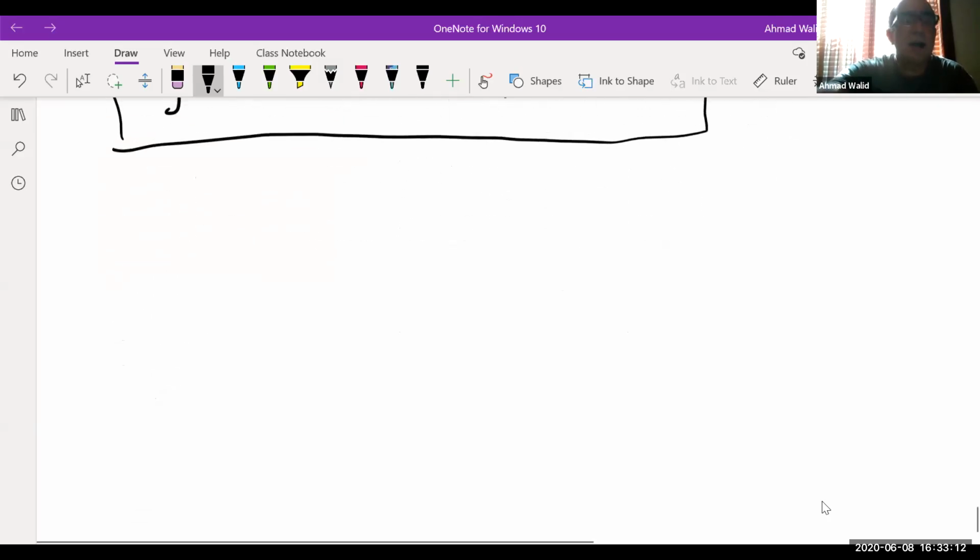Let's start with our new topic, which is general logarithmic and exponential functions.